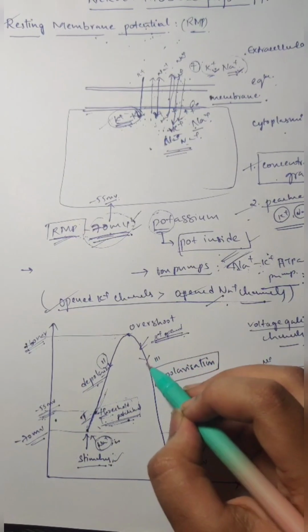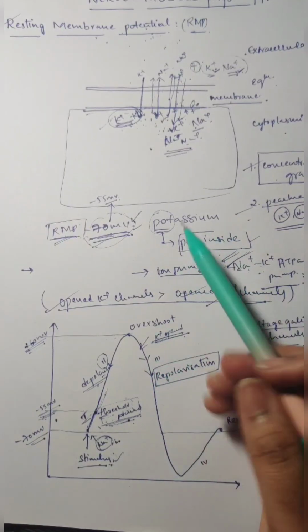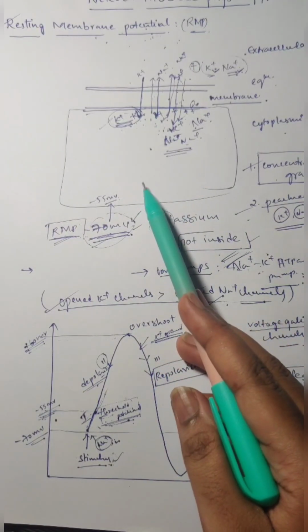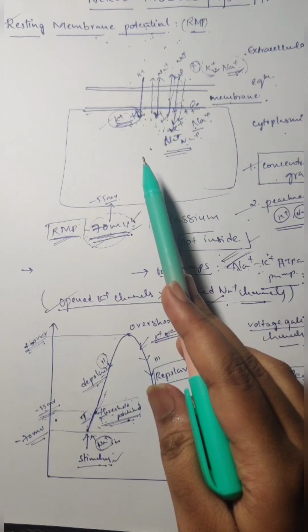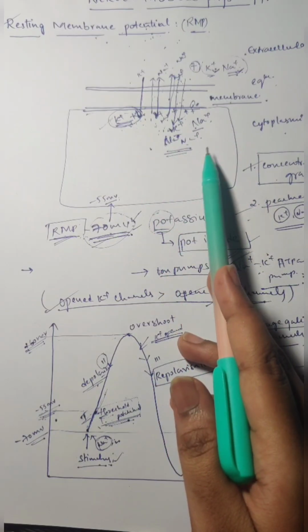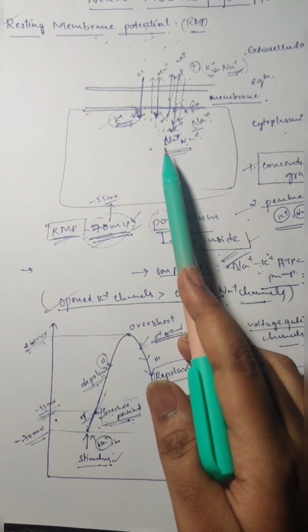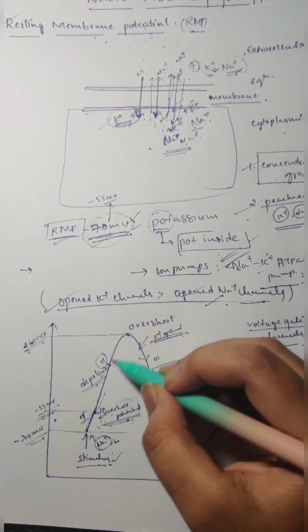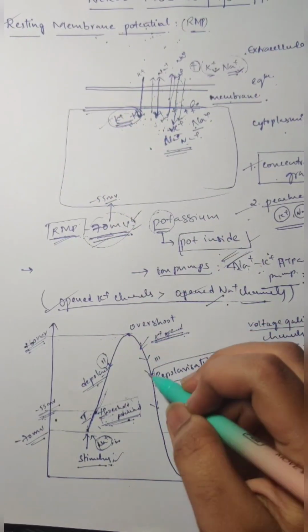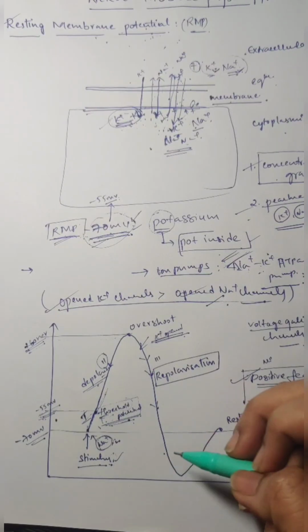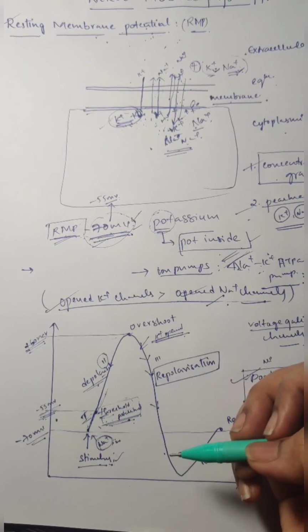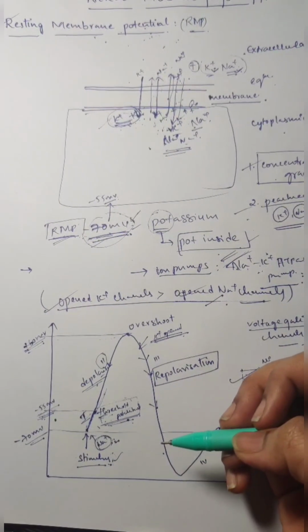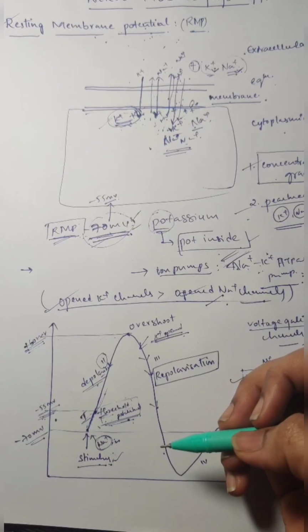Again, the membrane potential is coming back. Even though the potassium ion has a positive charge and the sodium ion has a positive charge, the positive charge of this we consider as less, so the potential decreases again, and that phase is called the repolarization phase. Why does repolarization happen? Because of the opening of voltage gated potassium channels.